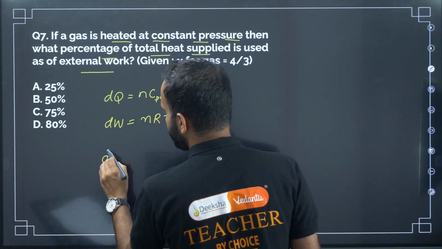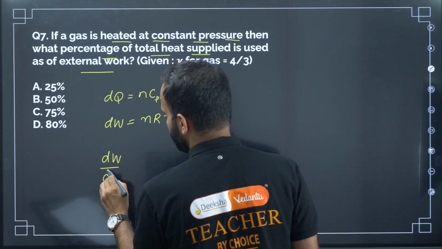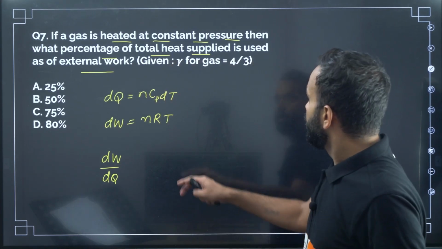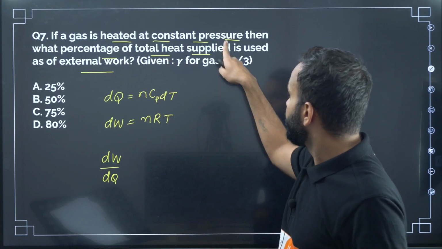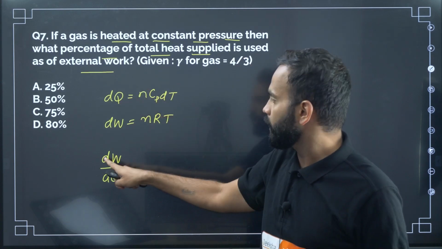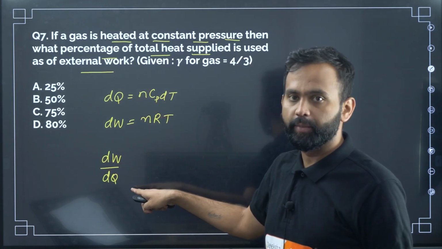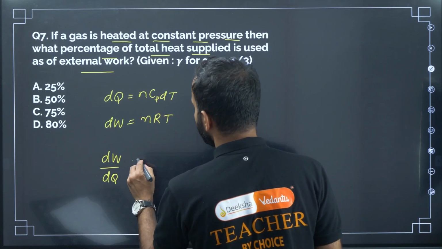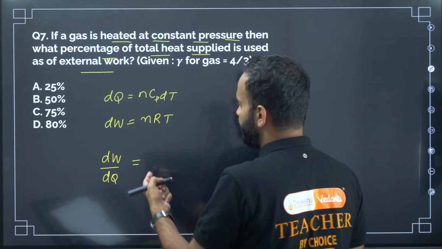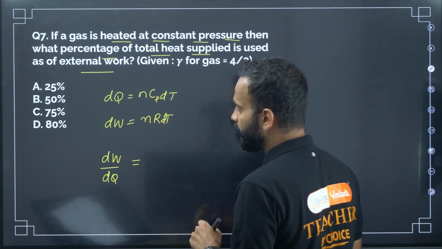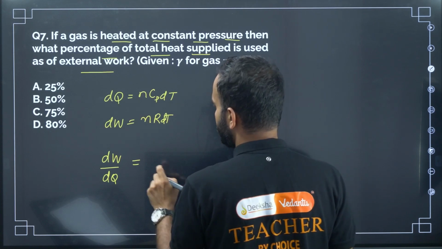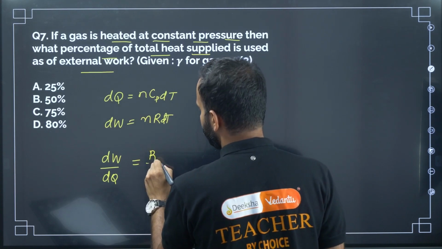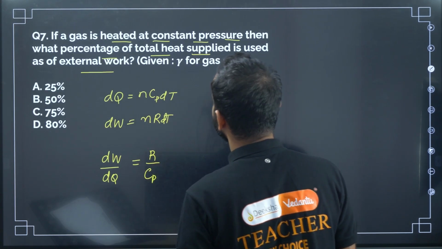So now dW divided by dQ. What percentage of total heat supplied is used as external work? That is dW divided by dQ, then multiply it by 100. So dW by dQ, here n dT will get cancelled. So now this will be R divided by Cp.